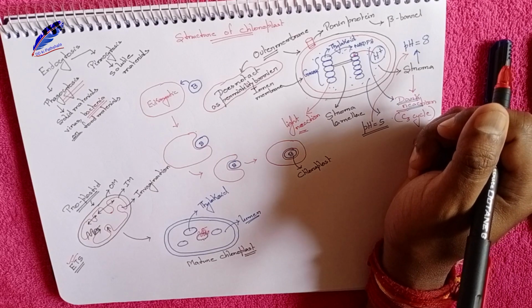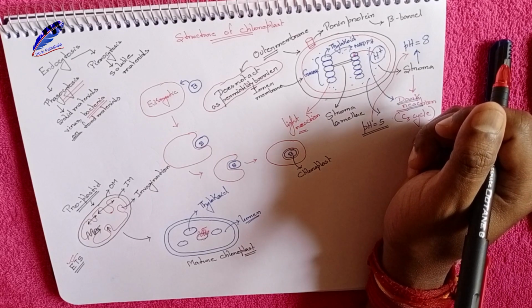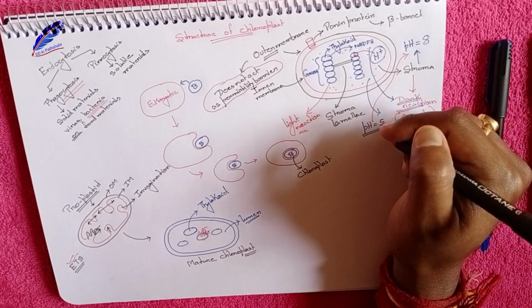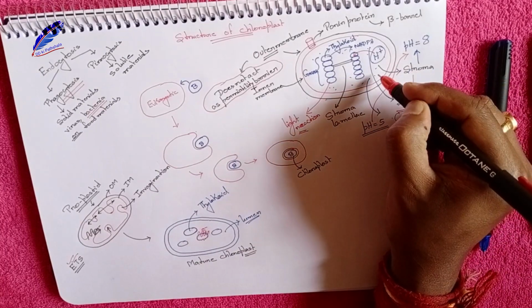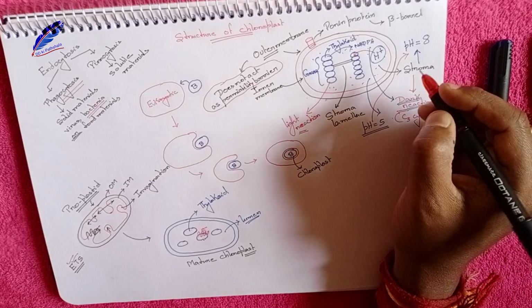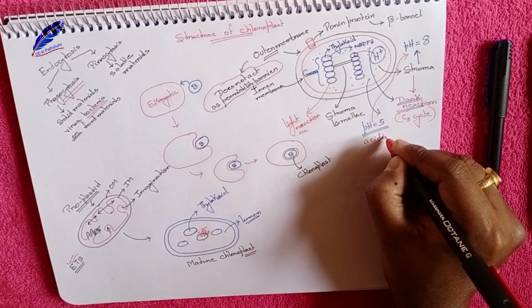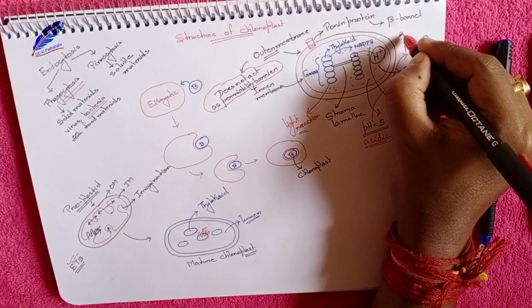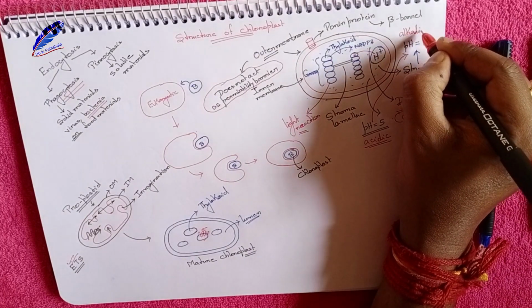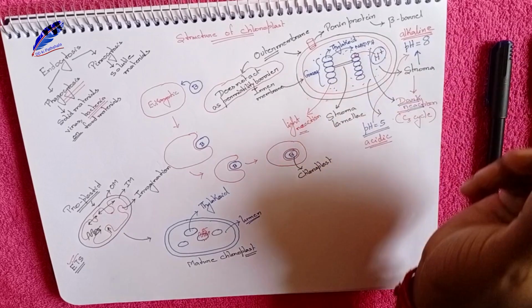As a result of which the pH of the stroma gets shifted from the acidic range to the alkaline range, that is pH 8.